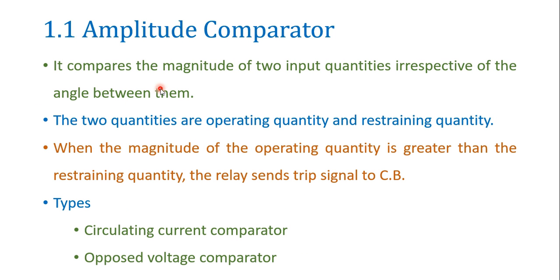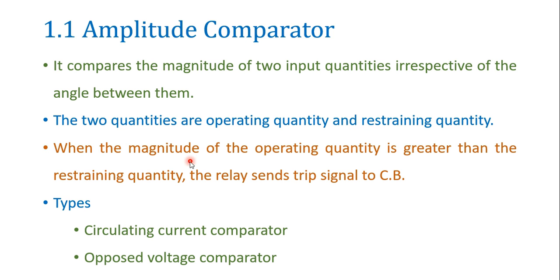Amplitude comparator compares the magnitude of two input quantities. It will not look into the phase angle between them. The two quantities are called the operating quantity and the restraining quantity. The operating quantity is the quantity which is measured from the line to be protected.